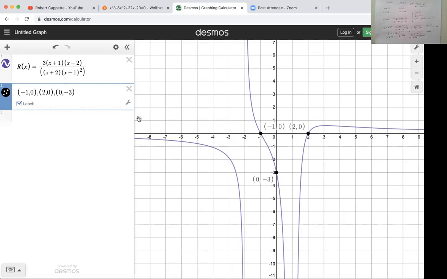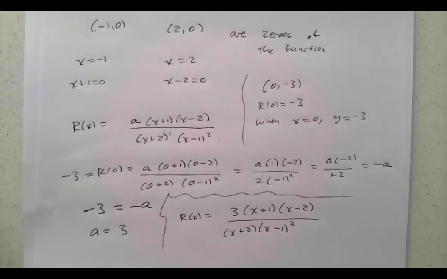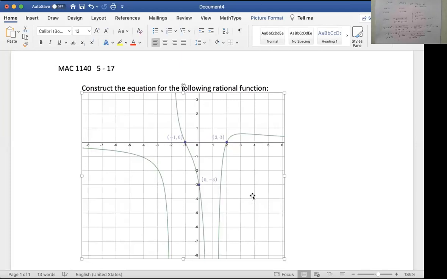So we can see those 3 points. We can see the asymptote at x equals negative 2 and x equals 1. How similar does that look to what we had on the screen that we started with? If we look at that, what do we have? I'd say that looks pretty similar. I'm feeling pretty good about where we are.